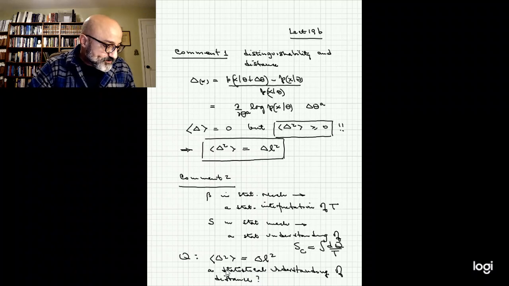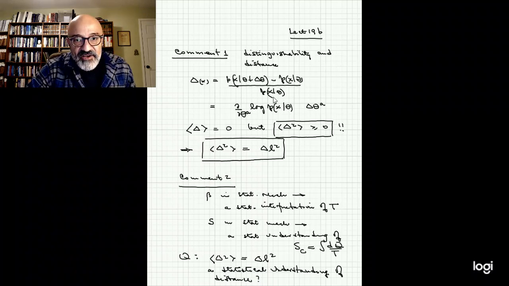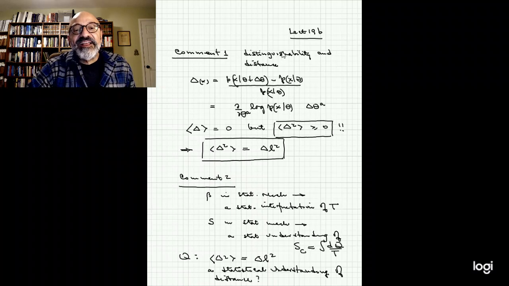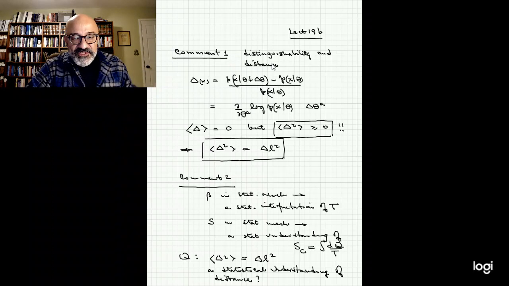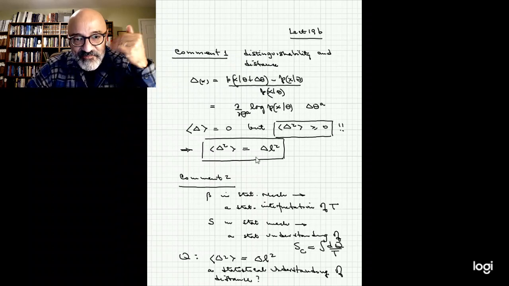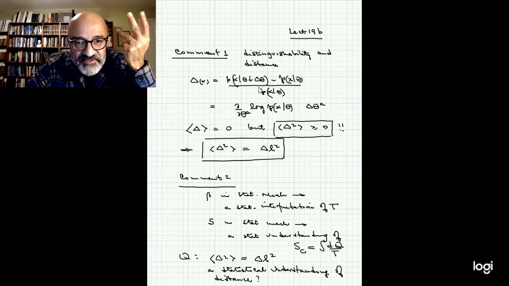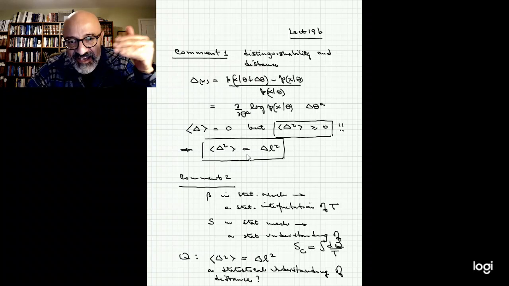Very good. So, having discussed how we understand distance in terms of distinguishability, I would say that this is a very nice approach because it's sort of intuitive: relative distance, relative differences, and things like that. You take averages.